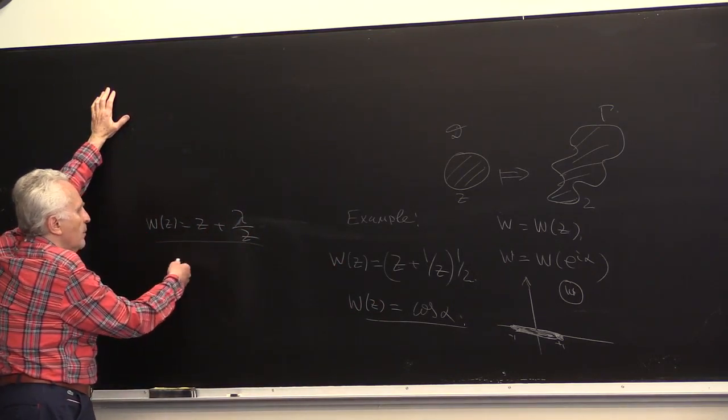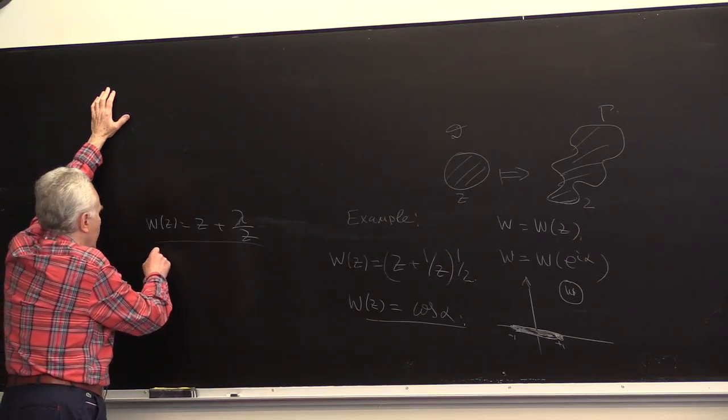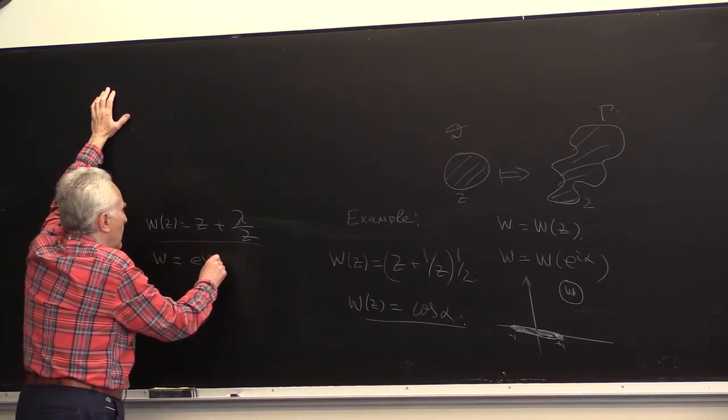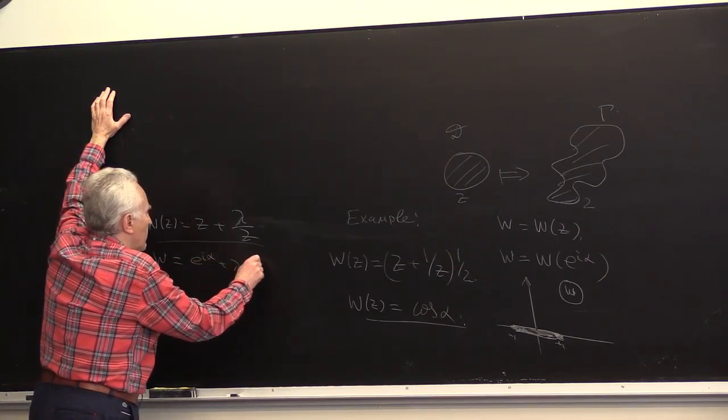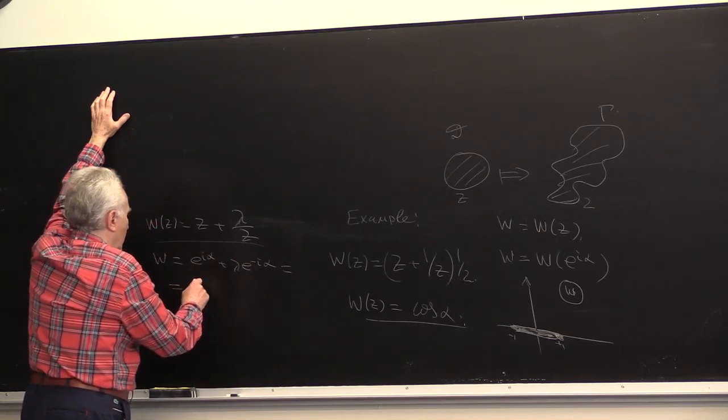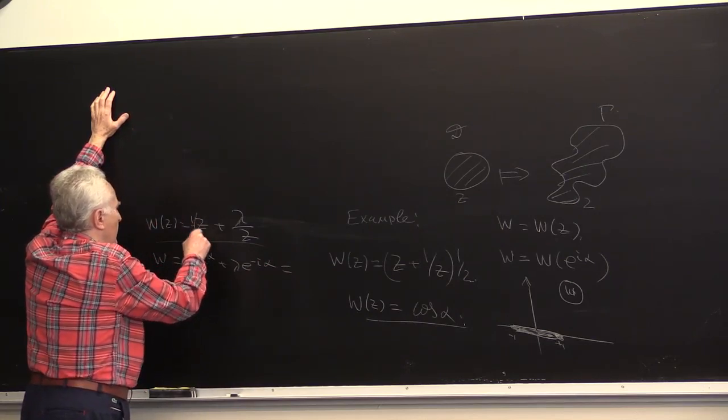So let's see what kind of thing we will get. W will be e to the i alpha plus lambda e to the minus i alpha, and let's put 1/2 here.